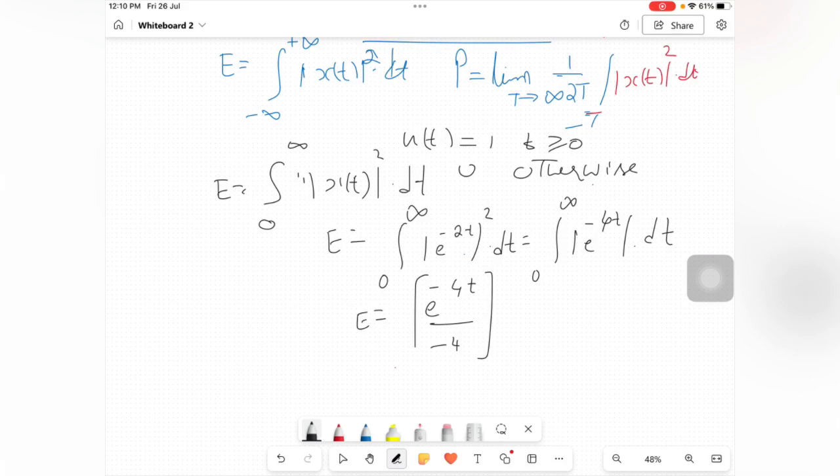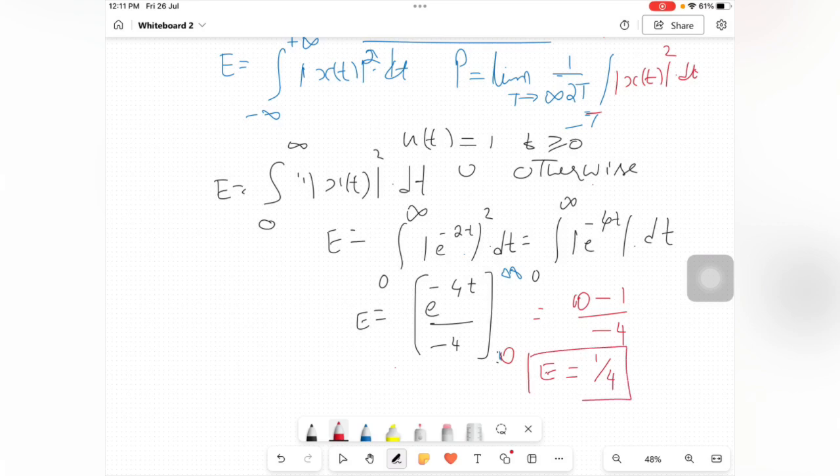Substitute the limits. We get e power minus infinity is 0, and e power 0 is 1. So 0 minus 1 divided by minus 4. So you will get energy equal to 1 by 4.